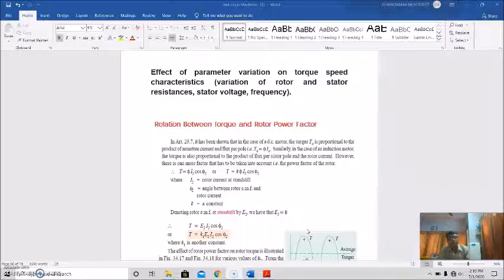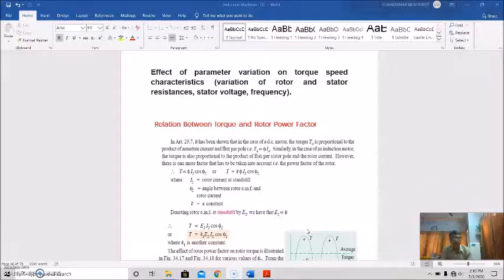So if we take this into consideration, the torque equation will be proportional to phi I2 cos phi 2, where I2 is the rotor current at standstill condition and cos phi 2 is the rotor power factor at standstill condition. That is, phi 2 is the angle between the rotor induced EMF and rotor current. If we equate these, torque is equal to k phi I2 cos phi 2, k is a constant.